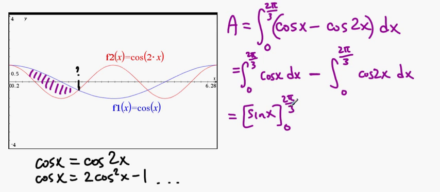I'm feeling really good about that. And in fact, sine of 2 pi over 3, that's root 3 over 2, minus sine of 0. That is just beautiful.